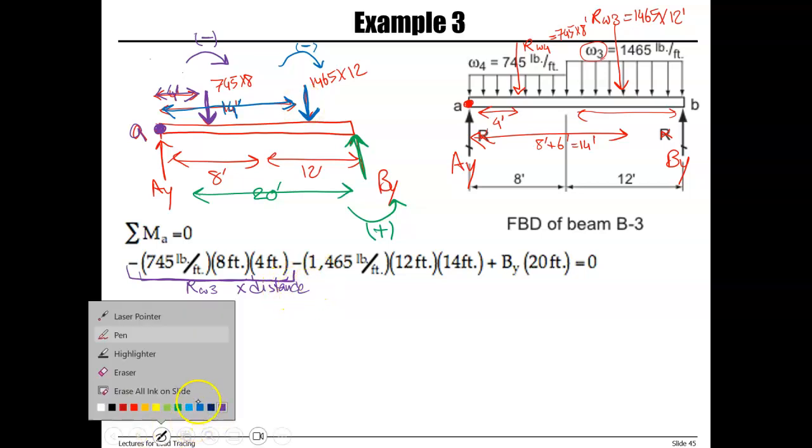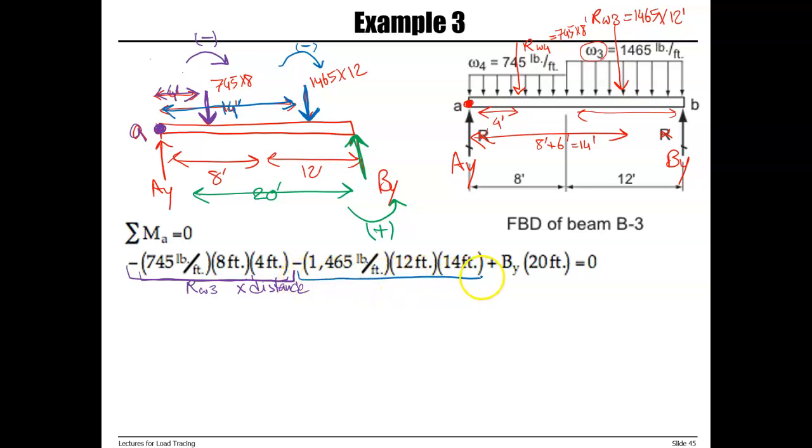Then we have the second moment, which is resultant of W4 times distance, and again we are using a negative sign because it's clockwise. And then finally, we have reaction at point B times distance, and we are using a positive sign because we have a counterclockwise moment.